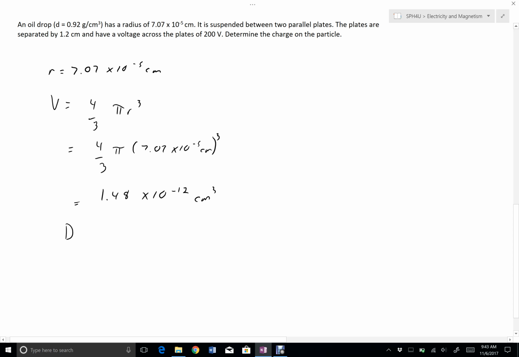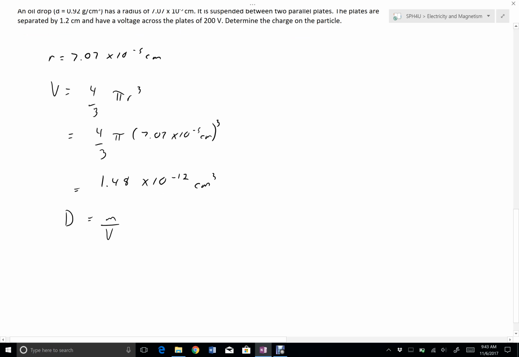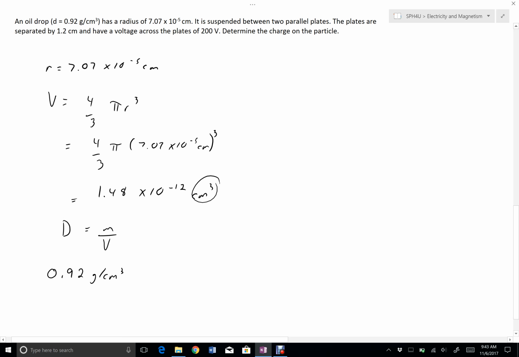Now using the density, I can figure out, assuming that this oil drop has a uniform density, what the mass must have been. So 0.92 grams per centimeter cubed. You might have noticed that I left my radius in centimeters, which is an odd choice because usually we'd go to meters, but since my density is given in centimeters cubed, I just left it alone.